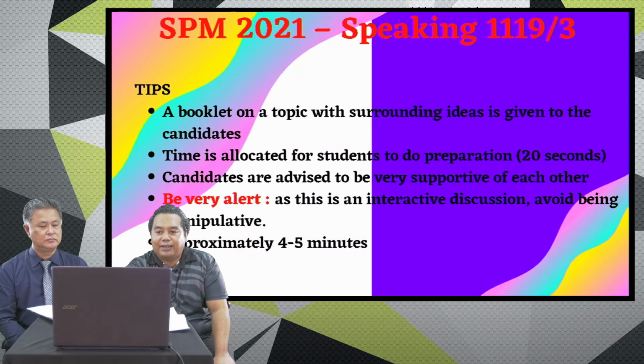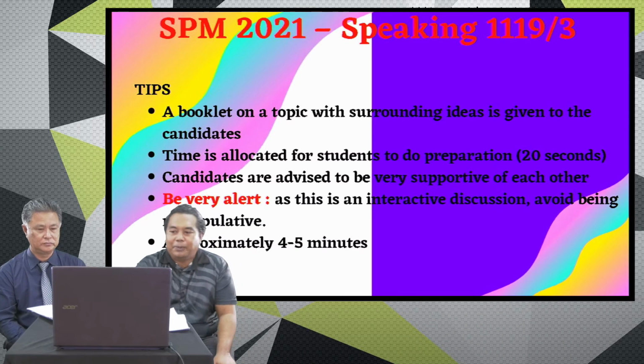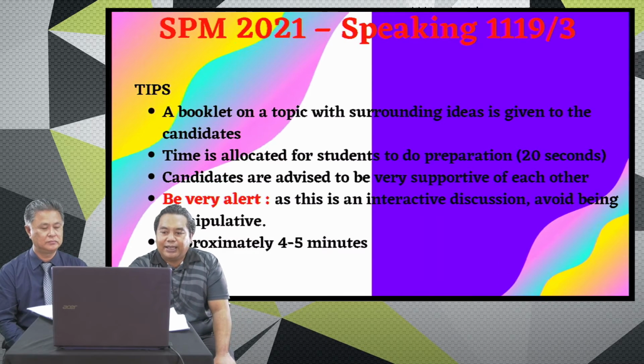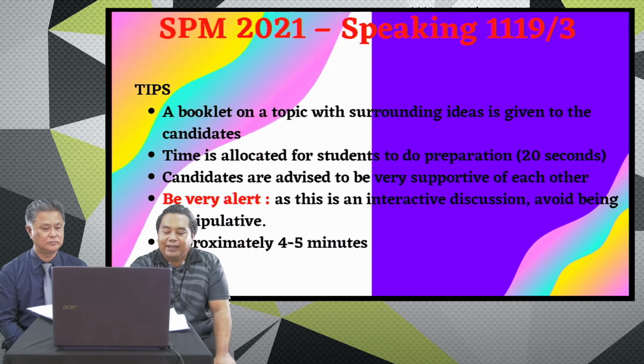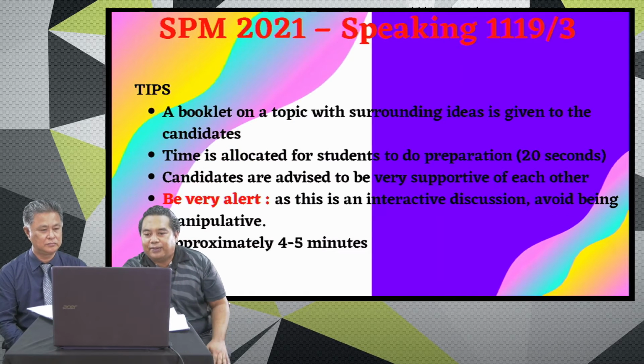Time is allocated for students to do preparation, 20 seconds. The student will prepare by looking at the mind map. Candidates are advised to be very supportive of each other. So candidate A will discuss with candidate B.